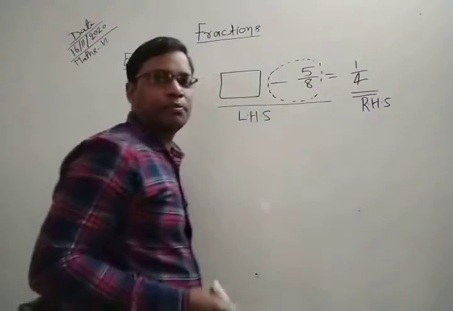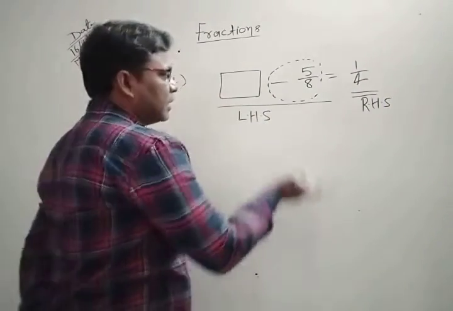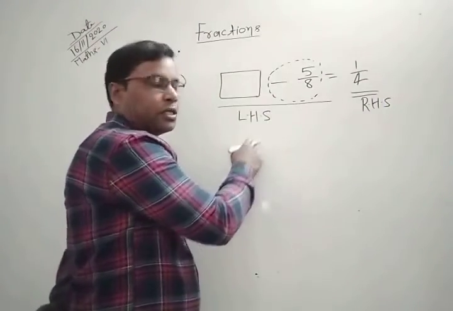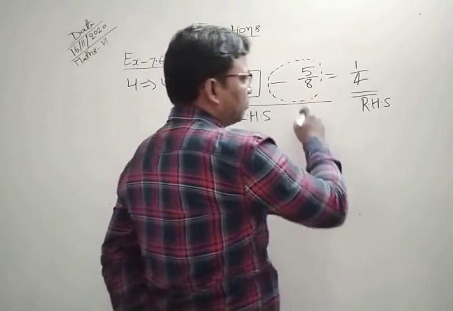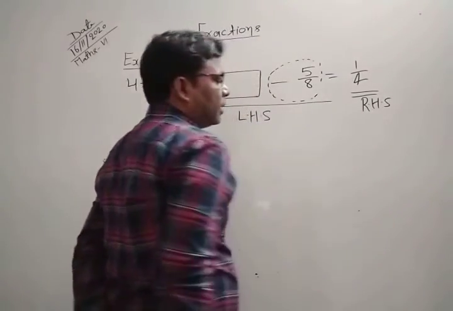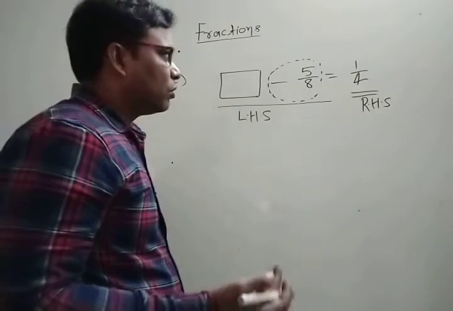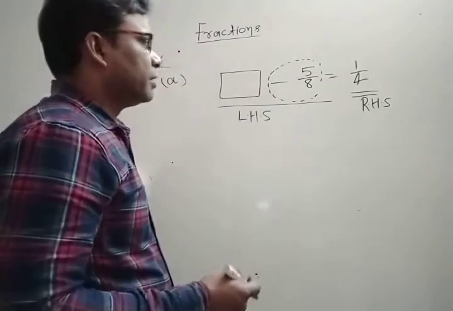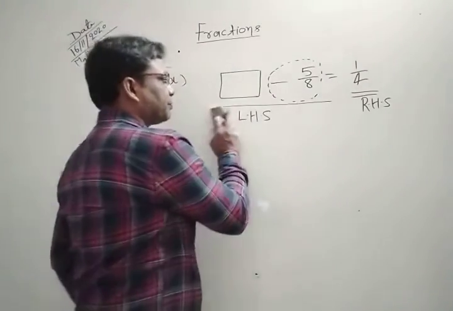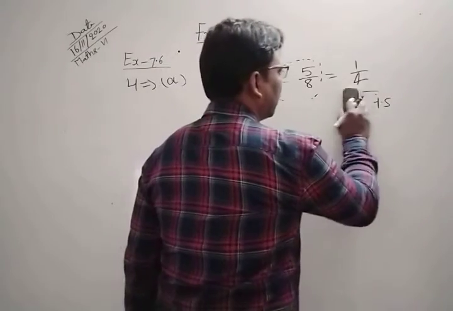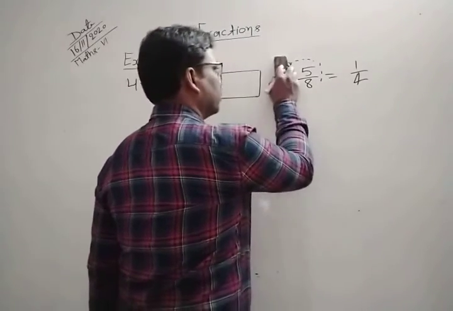If the fraction on the left side has plus, when transposed to the right side, it becomes minus. So let's see how to solve this question.